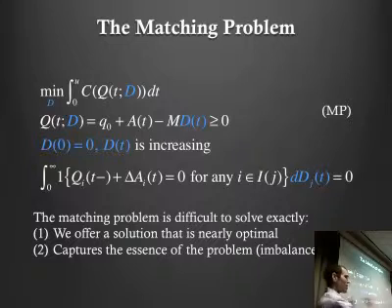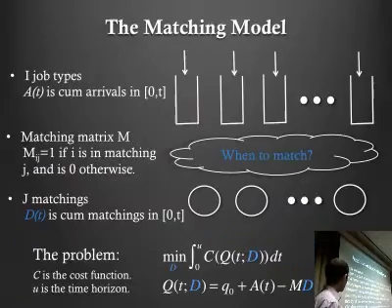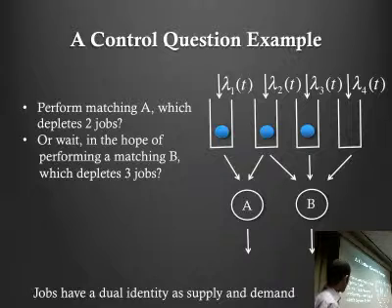I can only match and have people leave the system. And this constraint only says that you cannot activate a matching when one of the queues connected to this matching is empty. That's all it says. So to return to this example, I cannot activate matching B here because there are no jobs of type 4 here, and I need all 3 to be able to perform the matching.